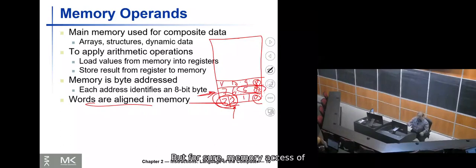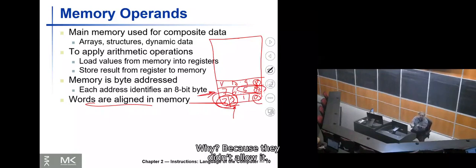But for sure, memory access of x86 is slower than memory access of MIPS. Why? Because MIPS didn't allow non-aligned access. It doesn't mean that they did allow it and did something there. No, they didn't allow it. If you write in your code, go and load one word from address 2, it will give you an error.